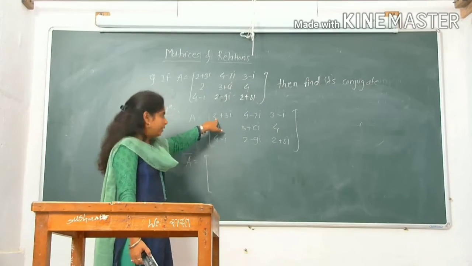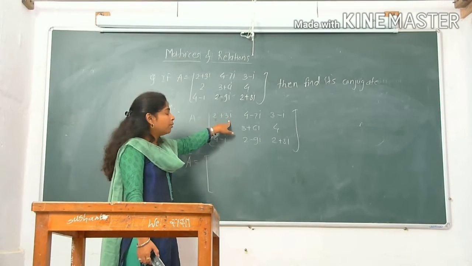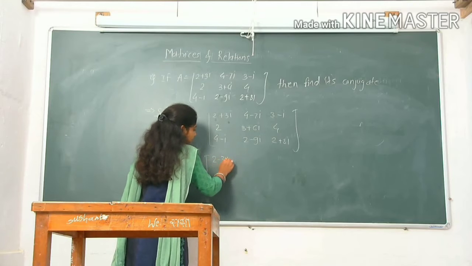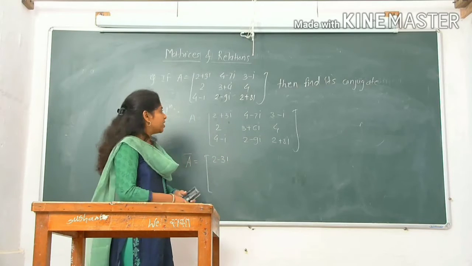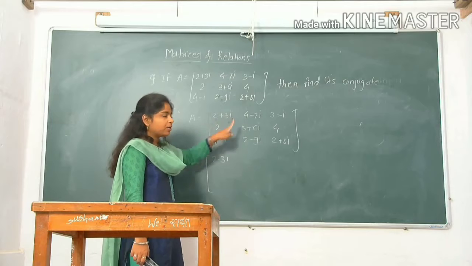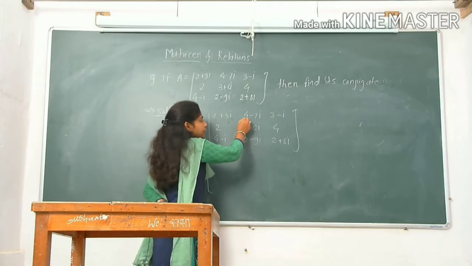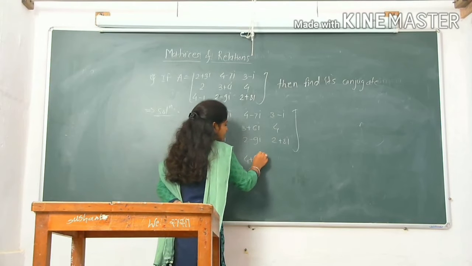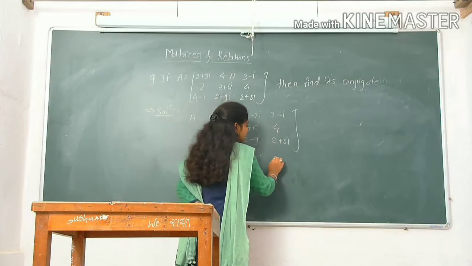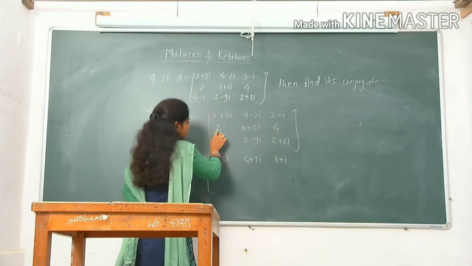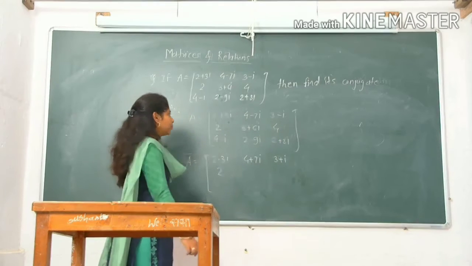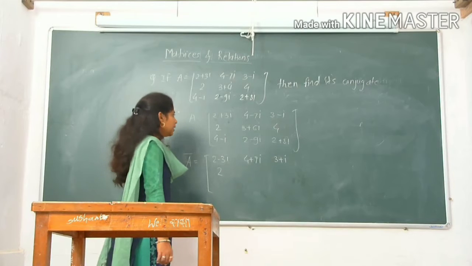First we take the conjugate of 2 plus 3i, which is 2 minus 3i, since we have to change the sign of the imaginary part only. Now the conjugate of 4 minus 7i is 4 plus 7i. Conjugate of 3 minus i is 3 plus i. Conjugate of 2 is 2, since 2 is a real number and the conjugate of a real number is the real number.